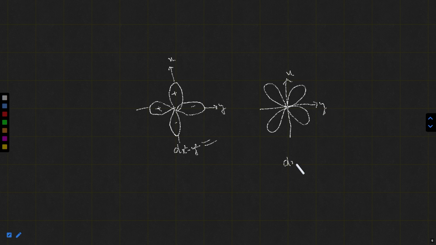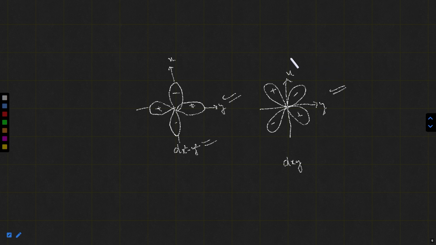Then this is dxy. Now both these orbitals have the same shape. You can see very clearly they have the same shape. But what is the difference? The difference is that this one is along the axis, and this one is not along the axis.